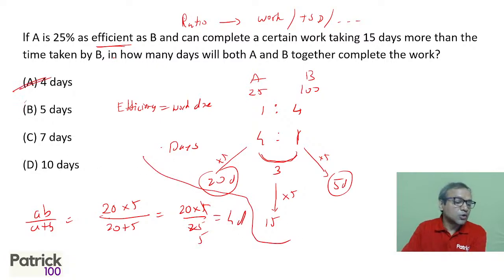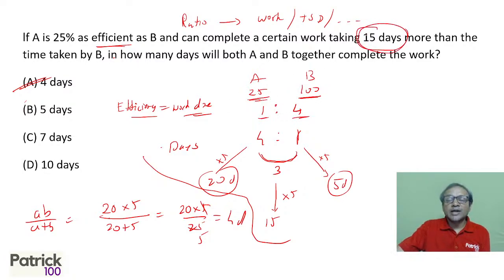We are taking ratios here to solve the sum. The key is that efficiency is the same as work done. So if A is 25% as efficient as B, when B does 100 work, A will do 25 work, or work done is 1:4. Because the difference is given in days, 15 days, you have to convert the work done to days, which means days will be inversely proportional, 4:1.